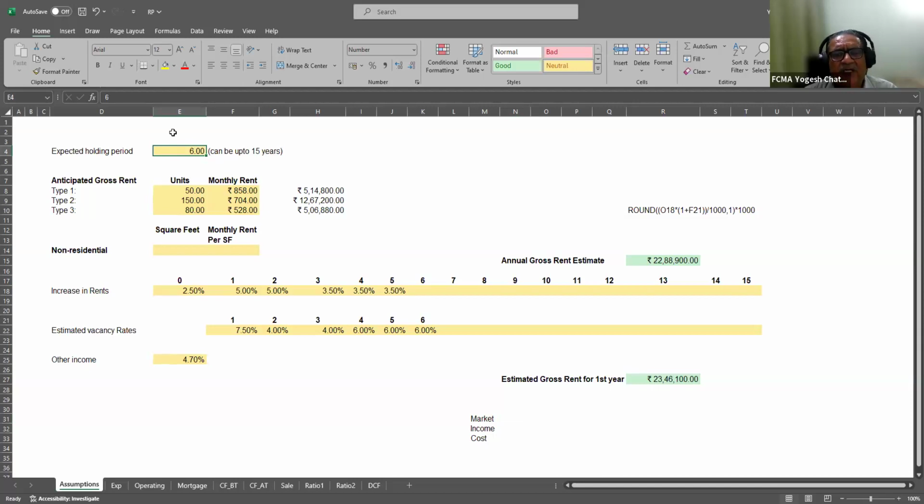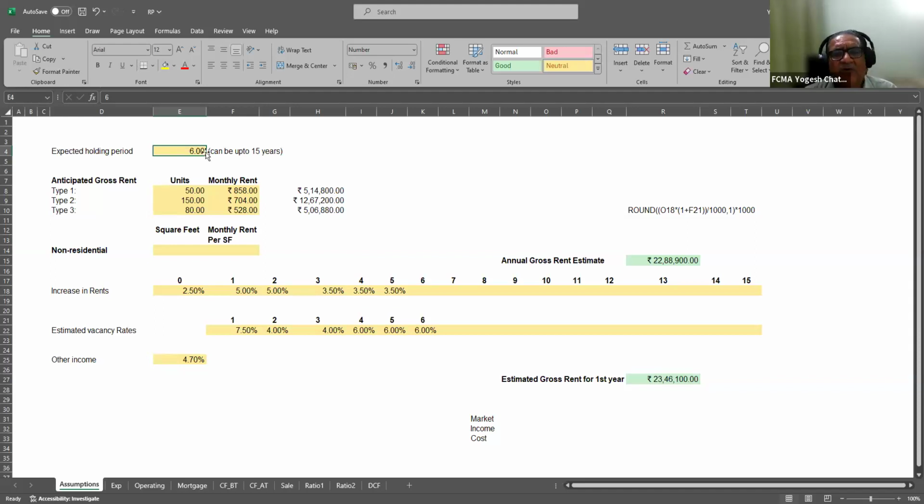The owner of that property has fully rented that complex, and the expected rental period I have taken as 6 years, but I can extend it up to 15 years, 20 years, depending upon the requirement.